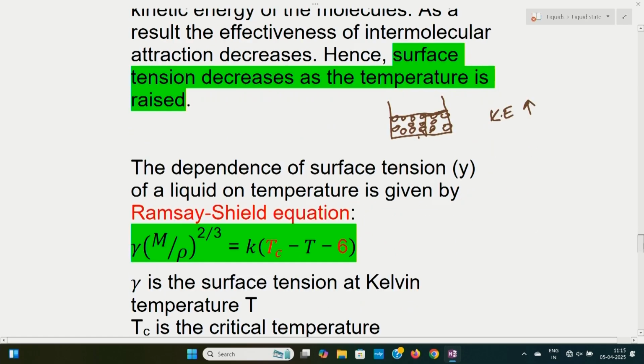Okay, this we can explain by the Ramsay-Shields equation. This is the equation which relates the surface tension and temperature. This is surface tension, that is gamma, and temperature.